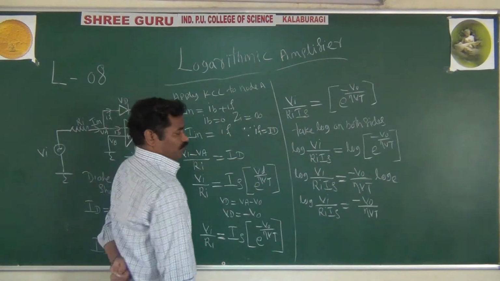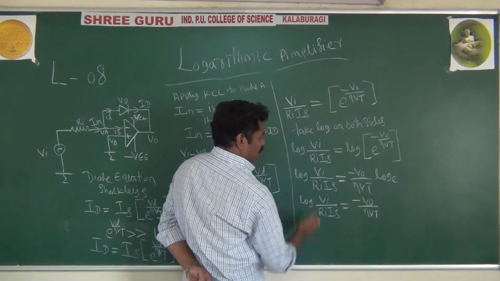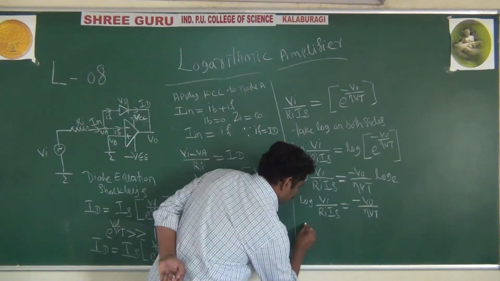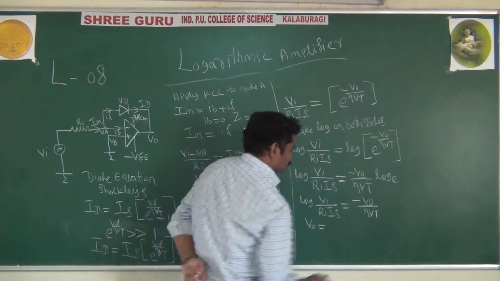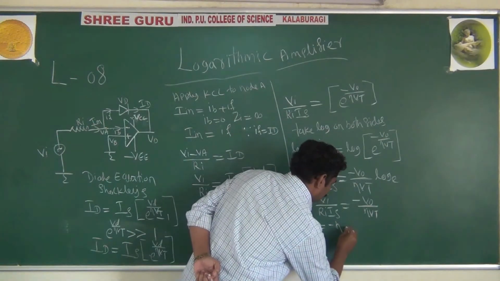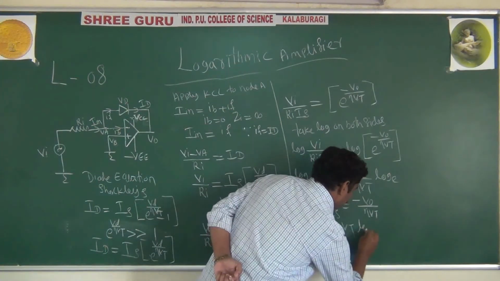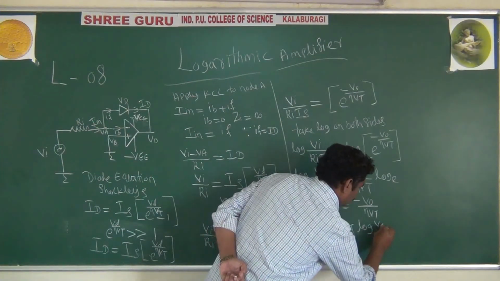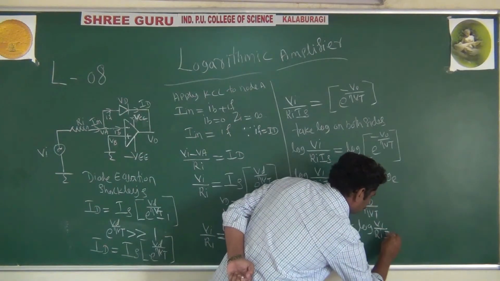It means we can write log of Vi by Ri into Is equal to minus V0 by eta into Vt. And actually we want V0, so this eta into Vt will multiply here. You can write V0 equal to minus eta into Vt into log of Vi by Ri into Is.